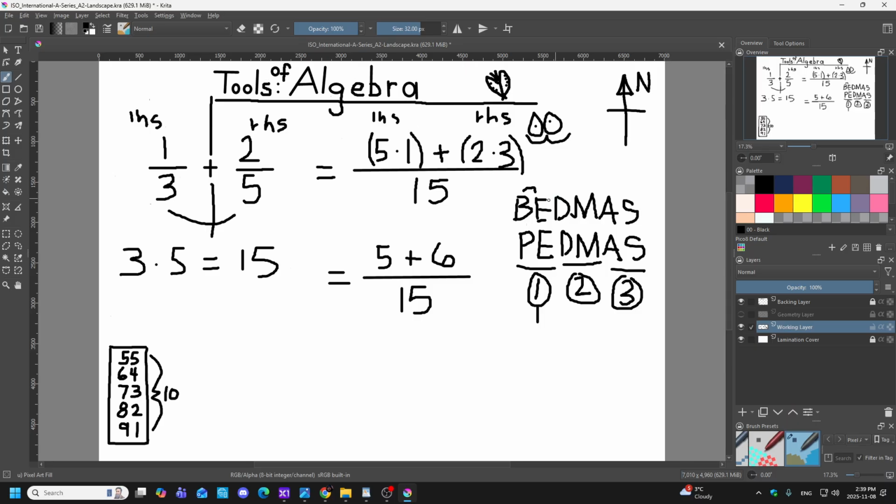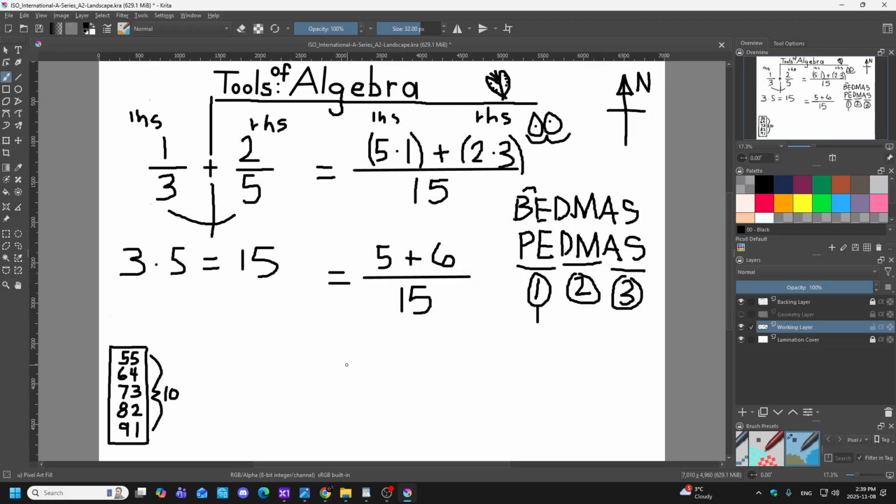Once that's done, and you've gotten rid of all your brackets and your exponents, then you work on division and multiplication. Well, we didn't have any exponents, so we could pretty much go right to division and multiplication. We don't have any division, therefore we're doing multiplication. And then the last step is the addition, subtraction. That's where we are right now.